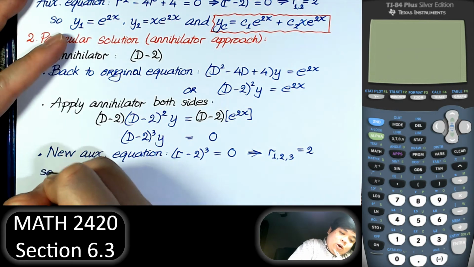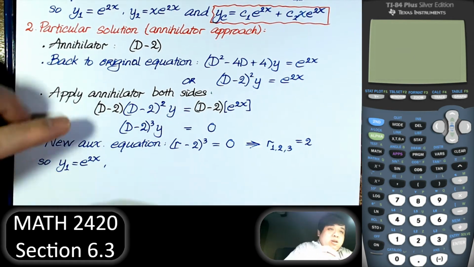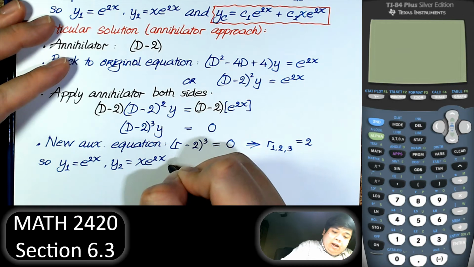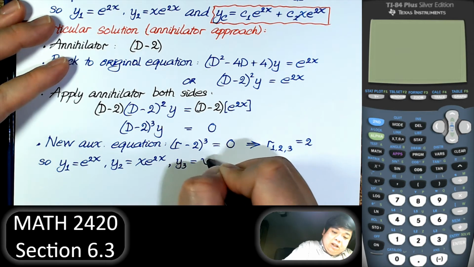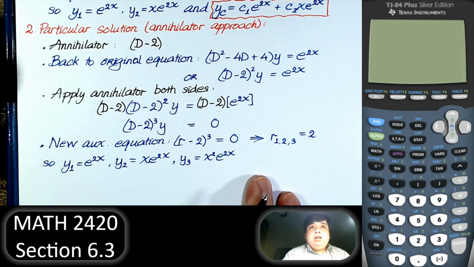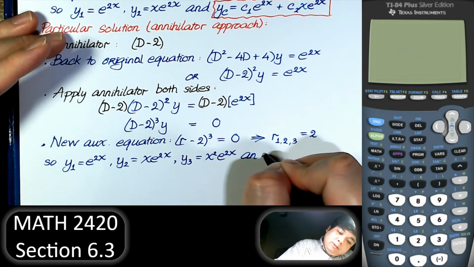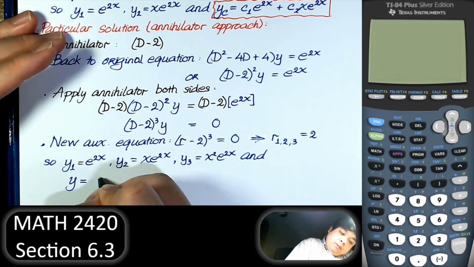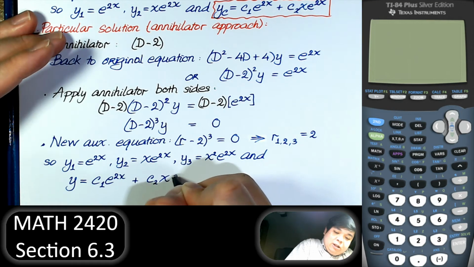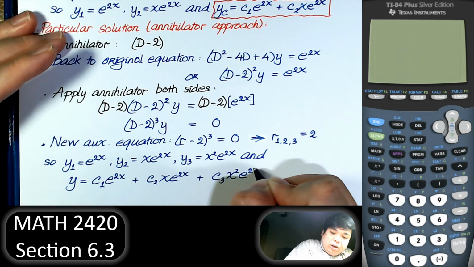Because of that, we can say y1 is e to the 2x. y2, because of linear independence, we multiply x to it. And y3, because of linear independence, we multiply x squared. And a linear combination of these is the new solution: C1 e to the 2x, C2 x e to the 2x, C3 x squared e to the 2x.